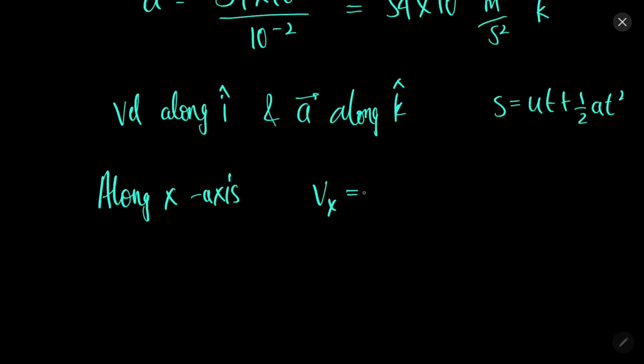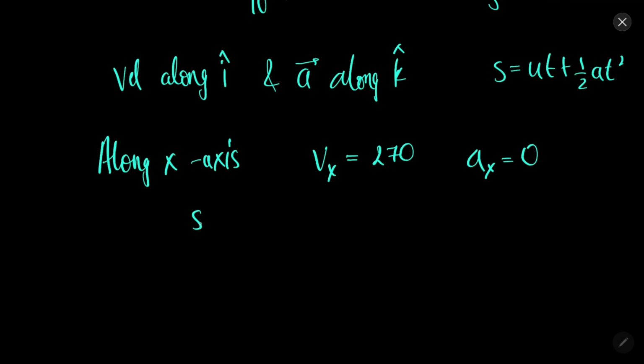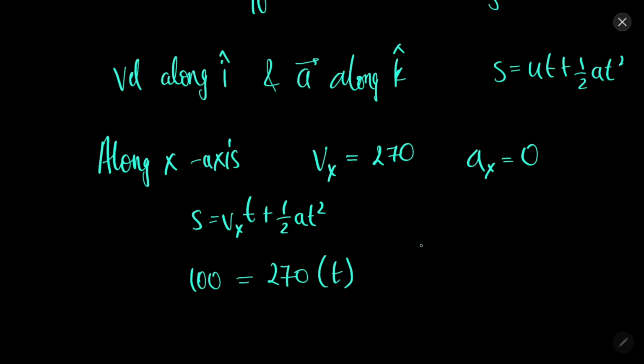Vx is 270 and Ax is 0, acceleration is not there. So S equal to ut plus half at square. So S is 100, Vx is 270, this can be Vx into time, and this is 0. So ultimately time will be 10 over 27 seconds.